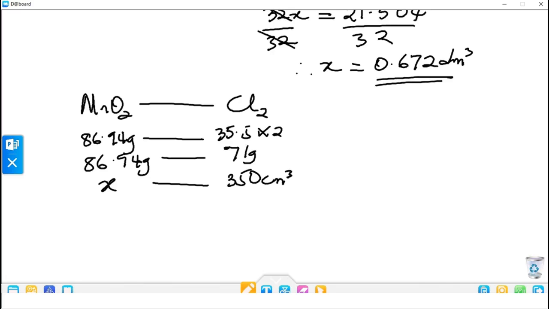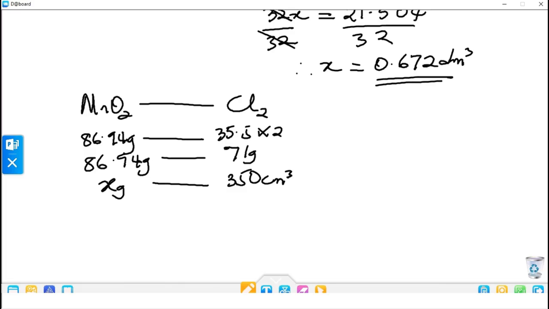Now, how do we go about solving that question? We have just solved 71 grams of chlorine. That is to say, 86.94 grams of MnO2 produces 71 grams of chlorine.